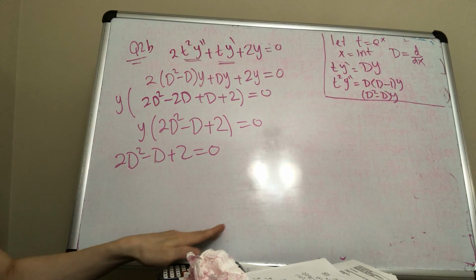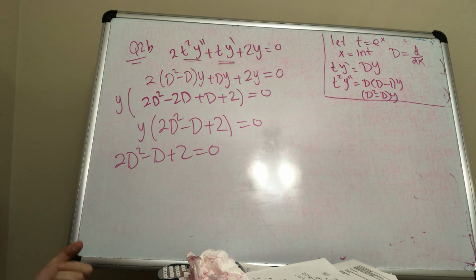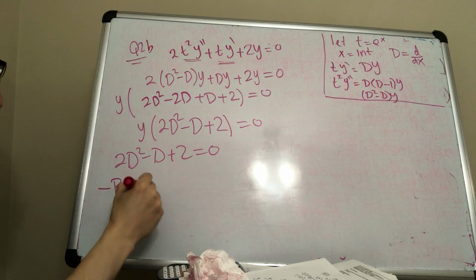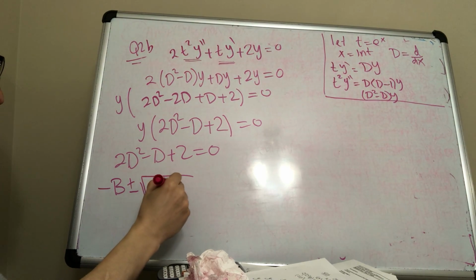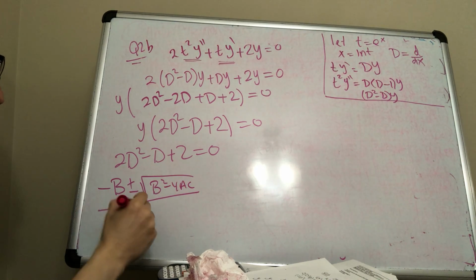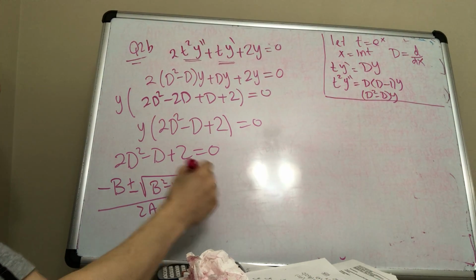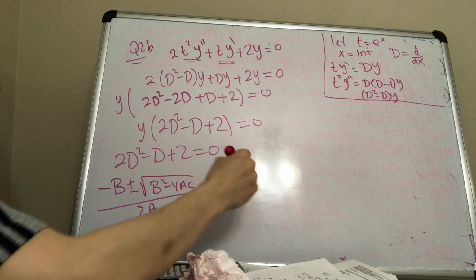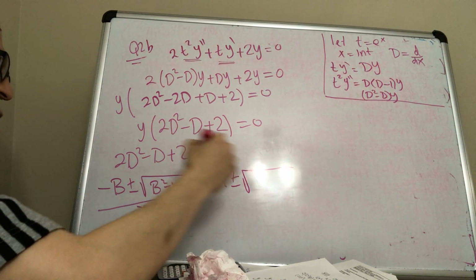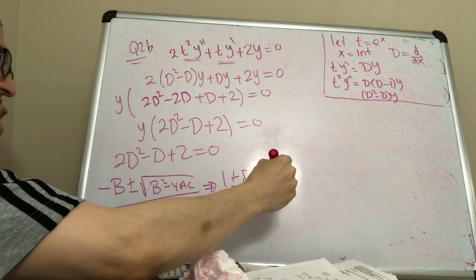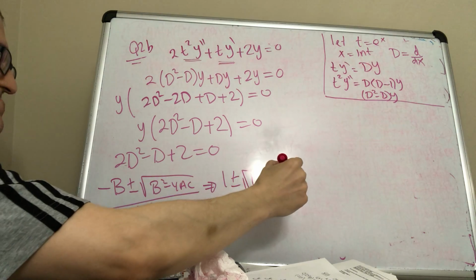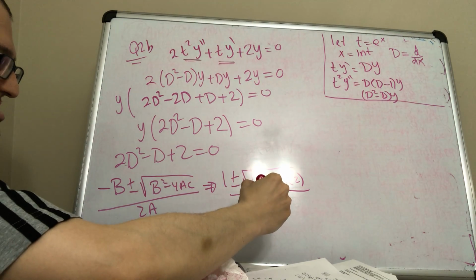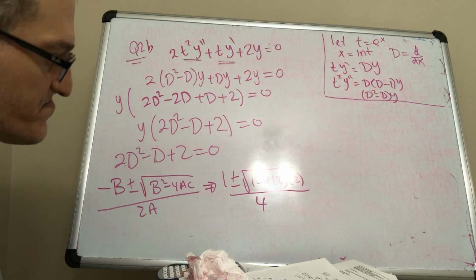Now, if you try and factor this, it's not going to work. So we'll use the quadratic formula. Negative b plus or minus the square root of b squared minus 4ac, over 2a. Minus 1 and minus 1. Minus 1 squared is 1. 4 times a times c over 2 times a, which is 4.